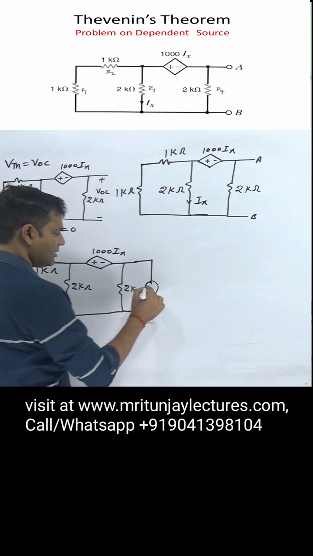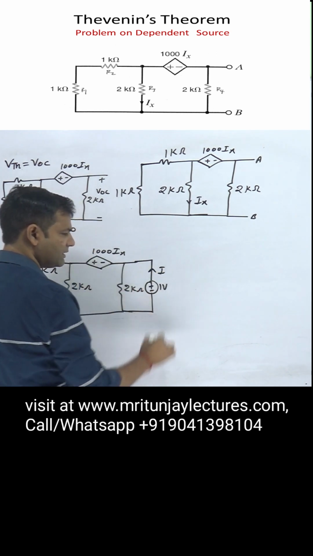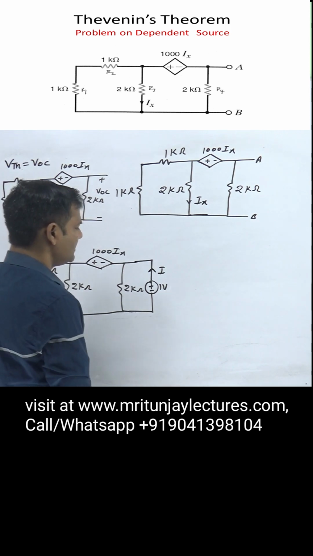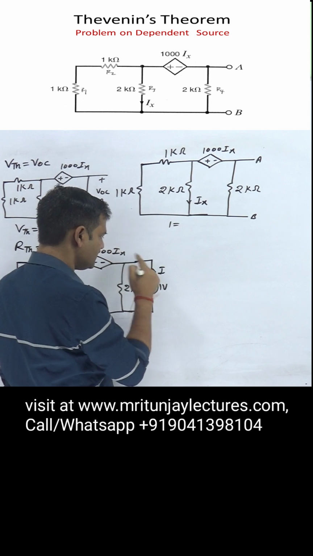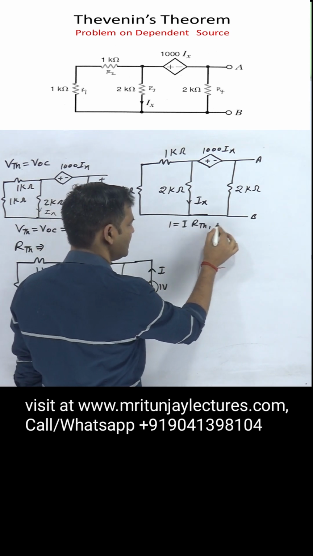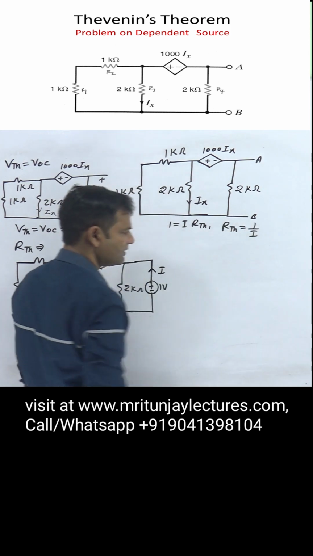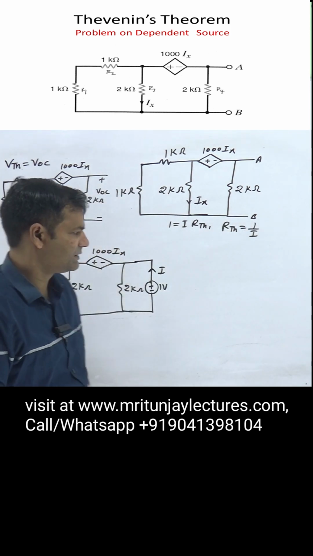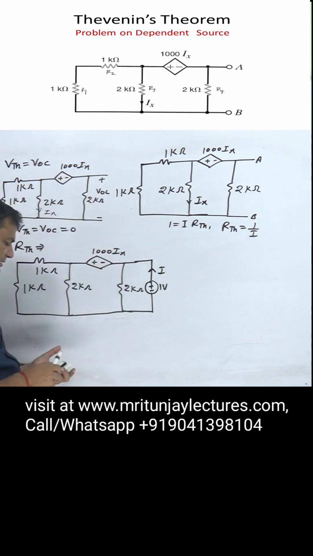If you consider a 1 volt voltage source, then what about the current I here? Our motto is, if we consider a 1 volt voltage source, then 1 equals I into RTH. So basically our motto is to determine RTH, which is equal to 1 by I. Clear?